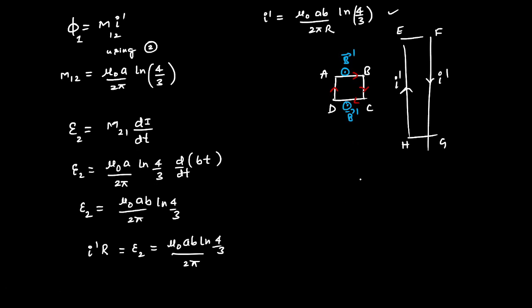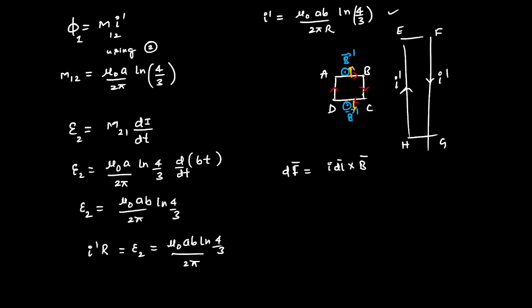Now, if you consider I dl cross B, the force experienced is given by I dl cross B, the small force experienced on a current element. If I choose a small current element here, I dl cross B gives me the force in this direction, and here I dl cross B gives the force in this direction. So basically these two will cancel each other.